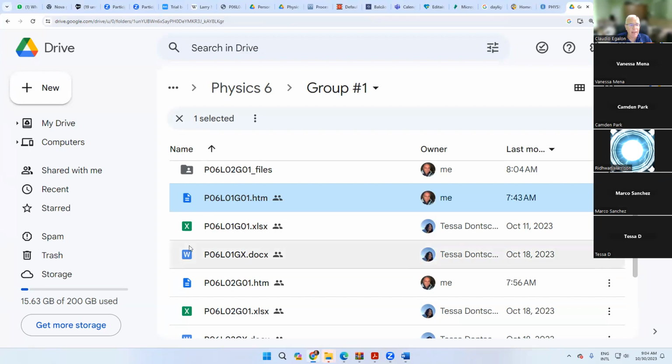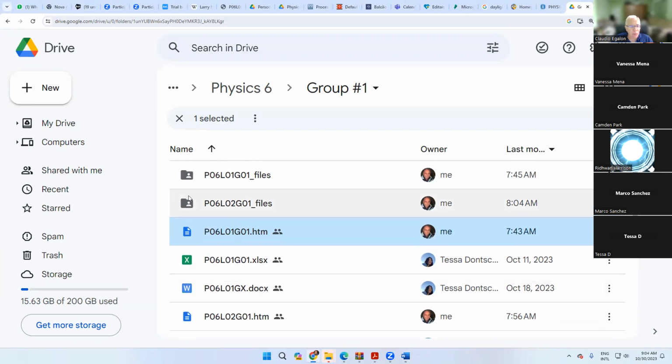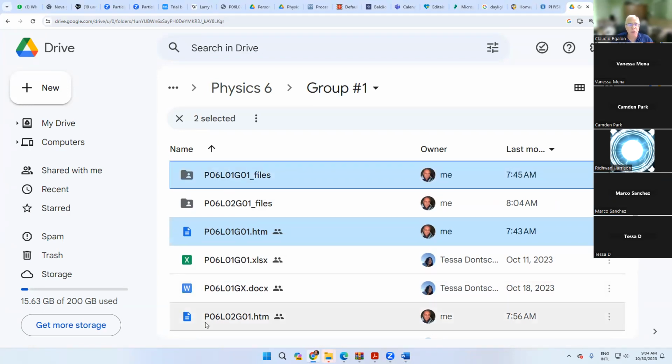We have the HTML file, but we also have the folder associated with the HTML file. It has the same name with the exception of the files here. You need to download both documents. I need you to do that right now, okay? Go to your group folder and do that right now.